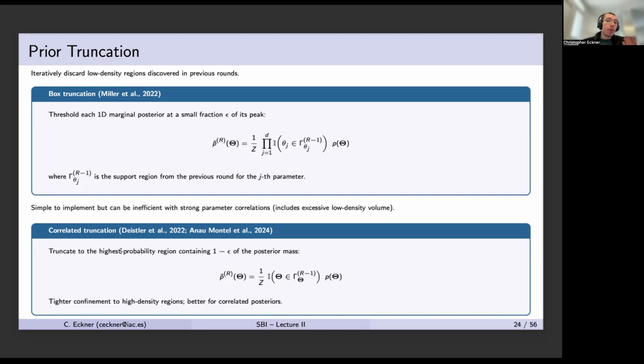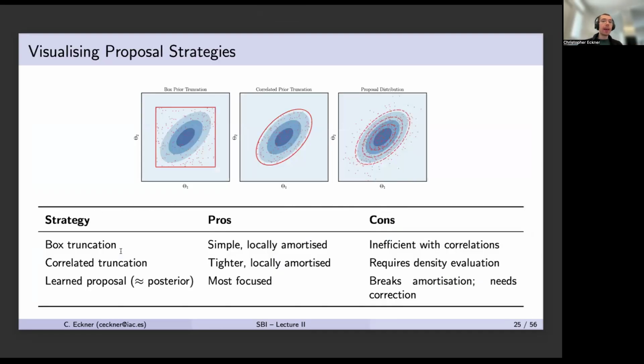Right. You can do this either in a simple way or in a more fancy way. The simplest way is a box truncation, where for each parameter, so each one-dimensional marginal posterior, you truncate it as a box, throwing away all the region that is completely negligible below the threshold for your observed target.